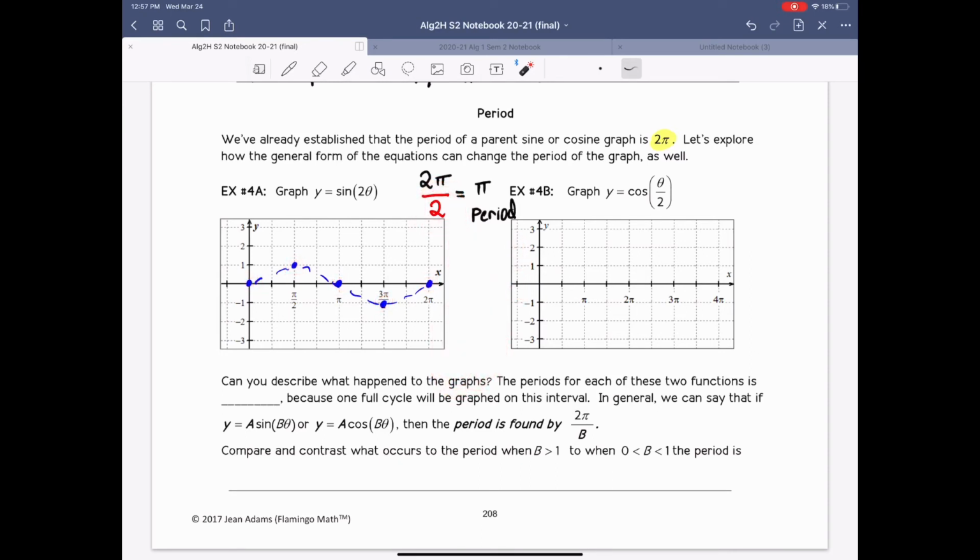So every pi over 4 is where we're going to plot our next point. So (0, 0) is going to stay the same, but then at pi over 4, we plot our next point, (pi over 4, 1). Then at pi over 2, we plot our next point, (pi over 2, 0). Then at 3 pi over 4, we plot our next point, here at negative 1 on the y, and then (pi, 0) is that last point.